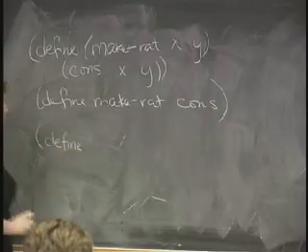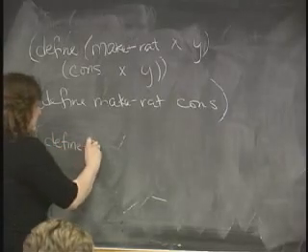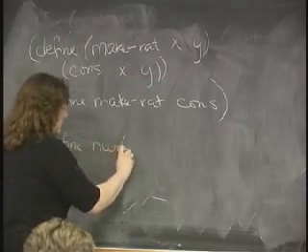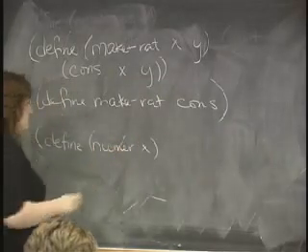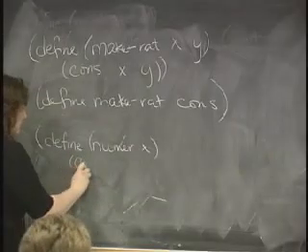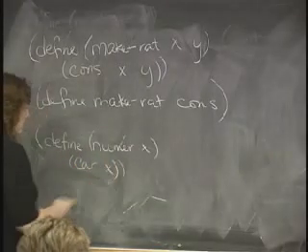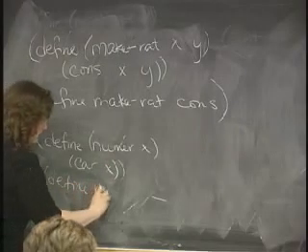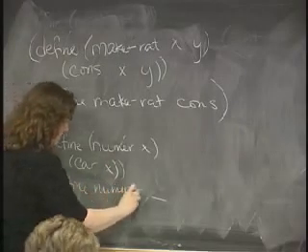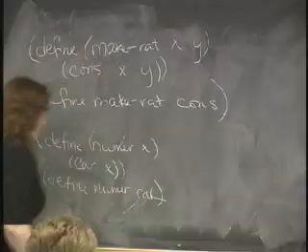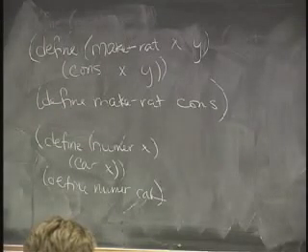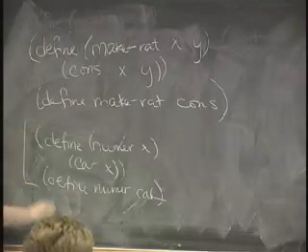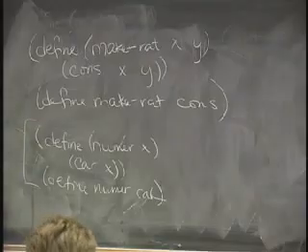Given that we've got this constructor, we should write our selectors. So we had numer of x is going to be the car of x, or alternatively, define numer to be car. Now, a subtlety about these: the book talks a little about why they choose to do it one way versus the other.